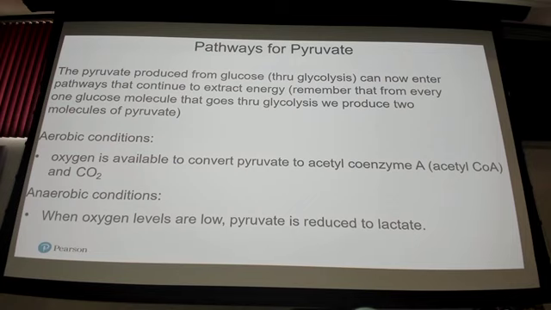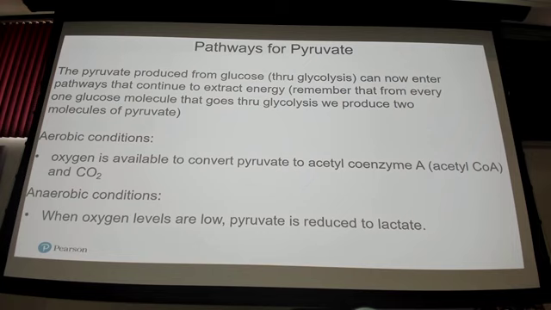So, pyruvate is the final product of glycolysis metabolism. How many pyruvate molecules do we gain per one glucose molecule? 2. Correct. And so, if oxygen is present, that pyruvate is going to be converted into acetyl-CoA, as Lieutenant Bishop mentioned.